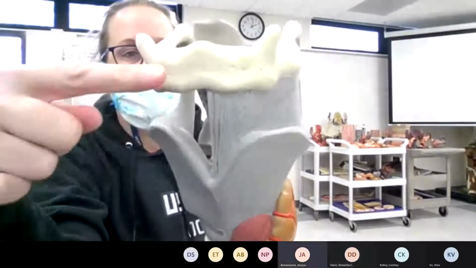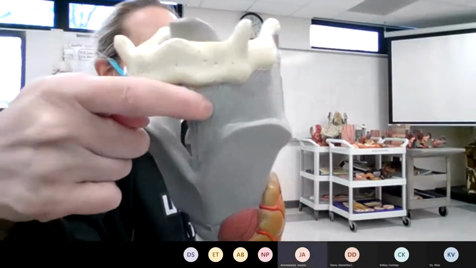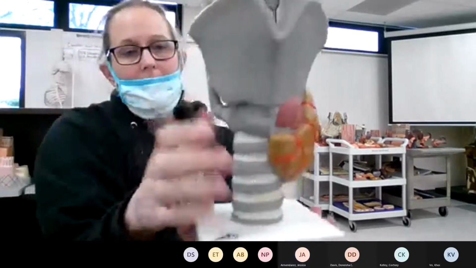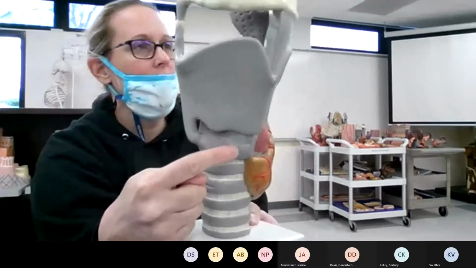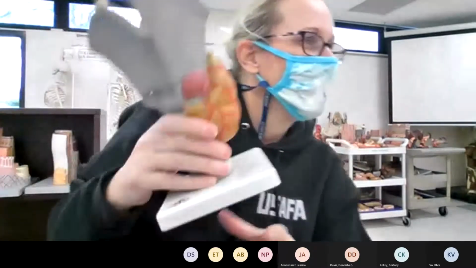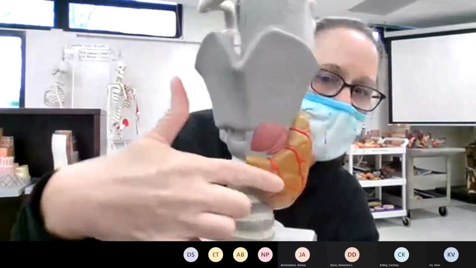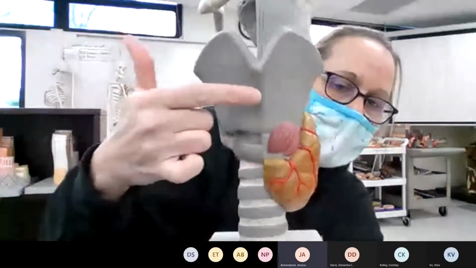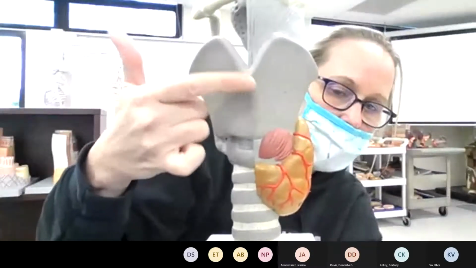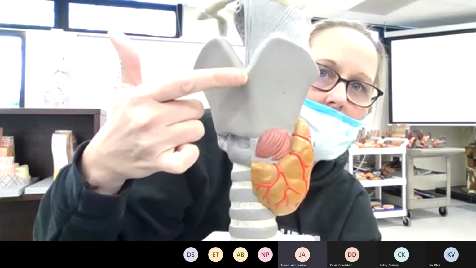All right, and you connect cartilage and bone to each other by ligaments. So this would be the hyoid, thyroid ligament, and then the thyroid to the cricoid. And again, I think the cricoid looks like a little Batman signal. But on this model, we cut off half of it and we have the thyroid gland in front. This protrusion right here is what we then see in males very prominently. That's what the Adam's apple is.